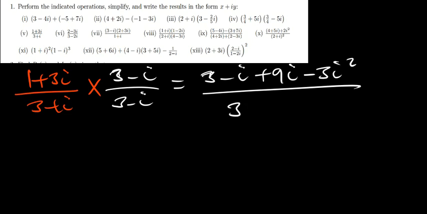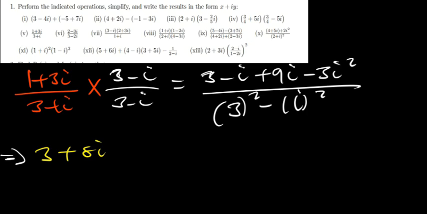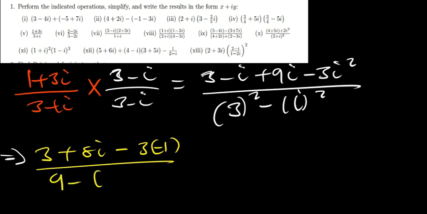I square this, I put them in brackets, minus i also in brackets, you square it. So I'll end up having 3, then plus 8i, then minus 3i squared, and i squared will be replaced with negative 1. We divide this by 9 minus, this will be negative 1 because of i squared.